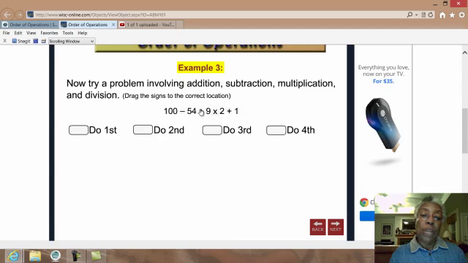So starting from left to right, I believe we start here with our division, and we'll let that be first. And next we have what? 9 times 2. Let's take that multiplication sign. That's the second. And now what do we have?